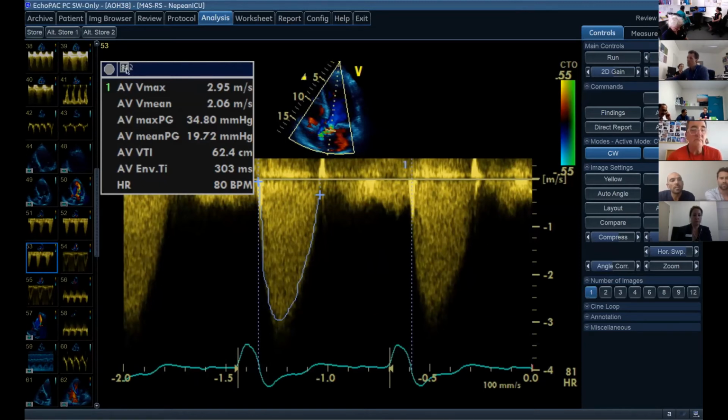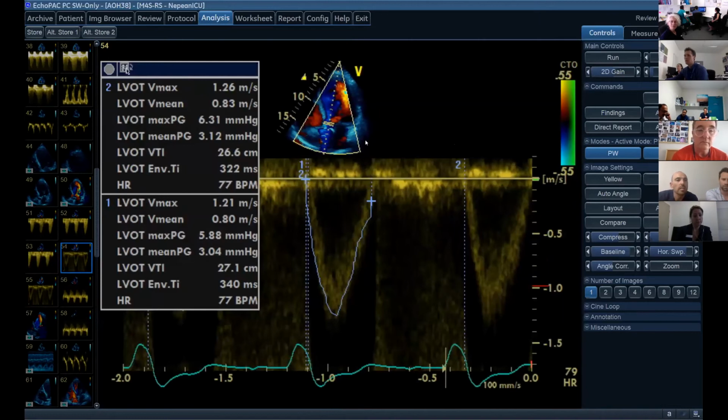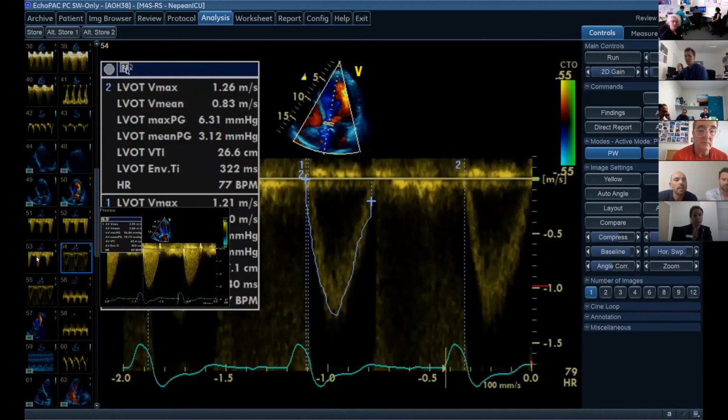But like I said, you would take these numbers with a grain of salt given the LV appearance on 2D. Where's the VTI? The LVOT VTI, yep, for the aortic valve.